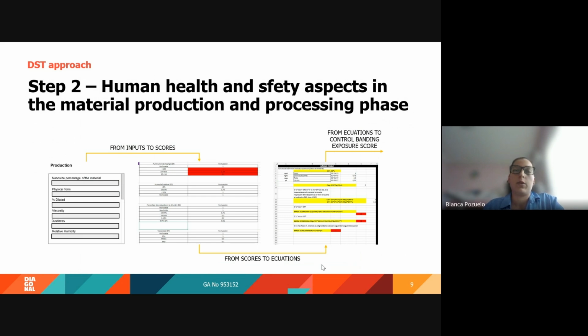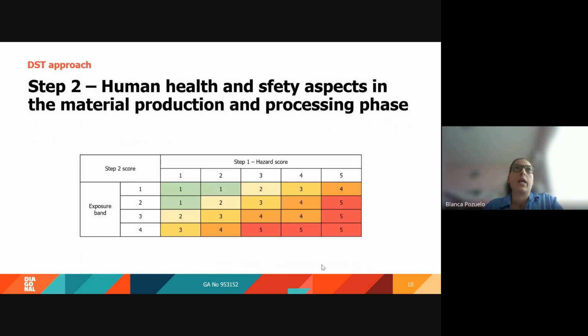We go through the same steps to estimate a score for the production. And then, to obtain this exposure score, we compare the information computed in step 2 with the information from step 1, because we need to take into account the hazard.